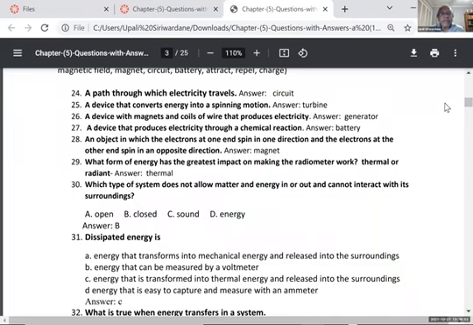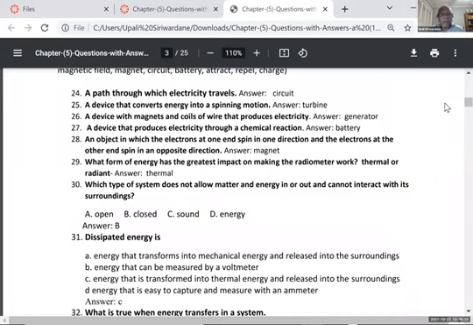An object in which the electrons at one end spin in one direction and the electrons at the other end spin in the other direction is called a magnet. So a magnet has spinning electrons in different directions, north and south. What forms of energy have the greatest impact on making a radiometer work?